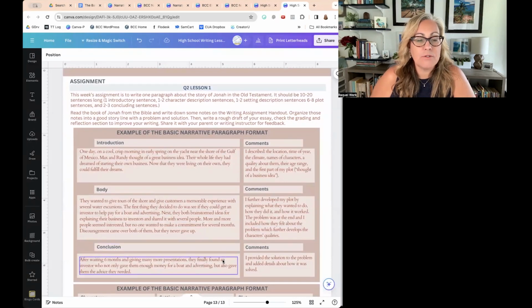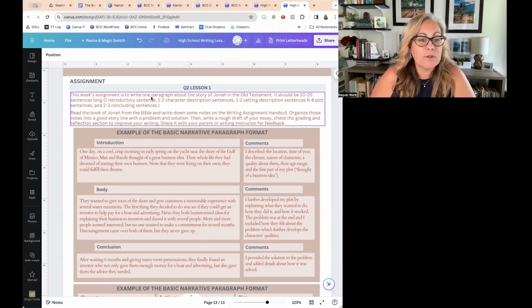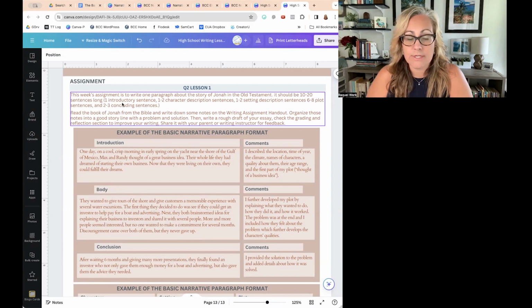So on the next page, you'll find your assignment and it says, this week's assignment is to write one paragraph about the story of Jonah in the Old Testament. It should be 10 to 20 sentences long. You're going to have one introductory sentence, 1 to 2 character description sentences, 1 to 2 setting description sentences, 6 to 8 plot sentences, and 2 to 3 concluding sentences.